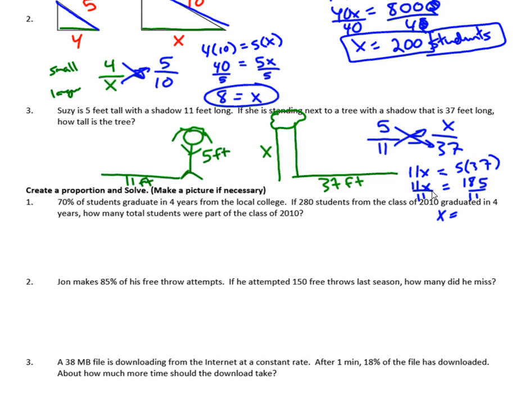I made my tree apparently too big. 185 divided by 11 is 16.818181. So I want to round that to 16.82. So the label on this one is feet. So 16.82 feet, that's how tall the tree is.